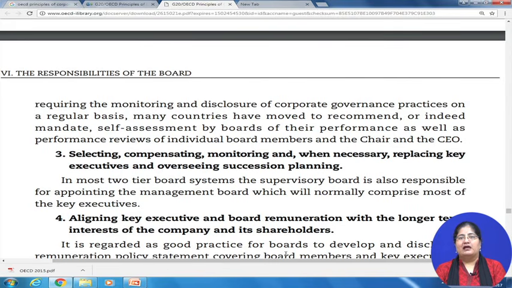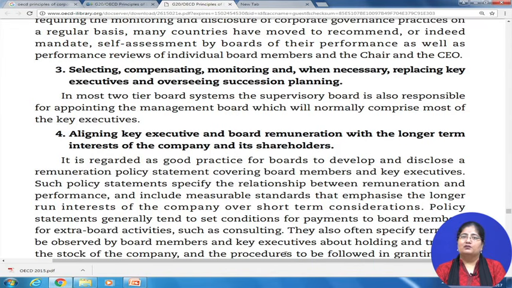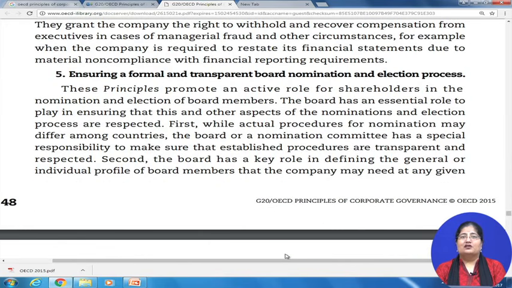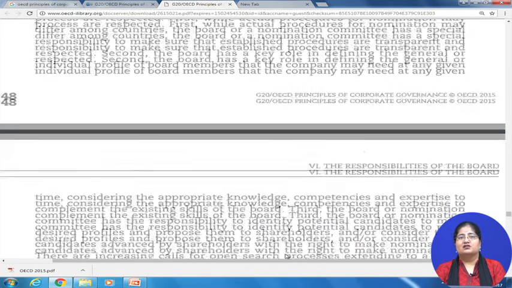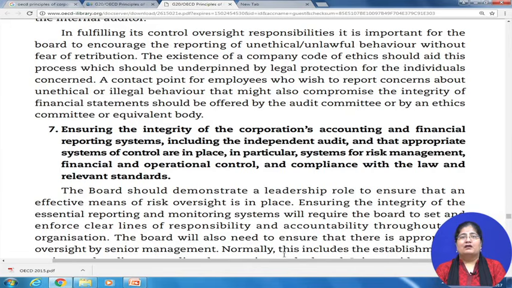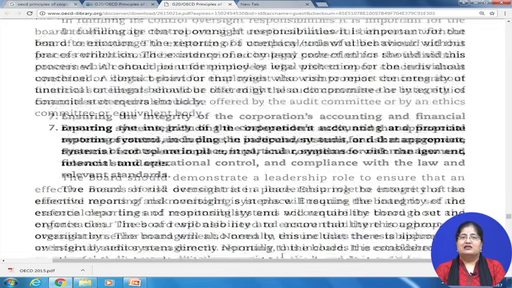Selecting, compensating, monitoring and, when necessary, replacing key executives and overseeing succession planning, aligning key executive and board remuneration with the longer term interests of the company and its shareholders, ensuring a formal and transparent board nomination and election process, monitoring and managing potential conflicts of interest of management, board members and shareholders, including misuse of corporate assets and abuse in related party transactions, ensuring the integrity of the corporation's accounting and financial reporting systems, including the independent audit, and that appropriate systems of control are in place, in particular systems for risk management, financial and operational control, and compliance with the law and relevant standards.